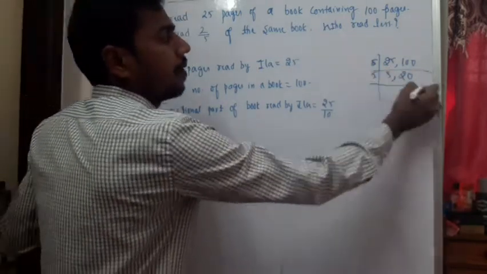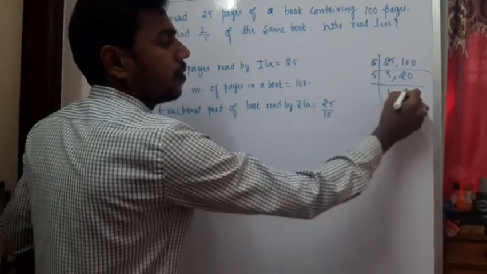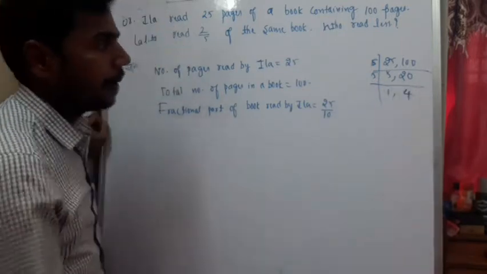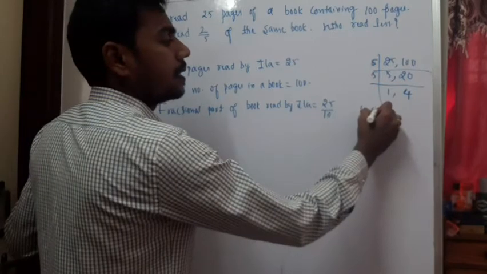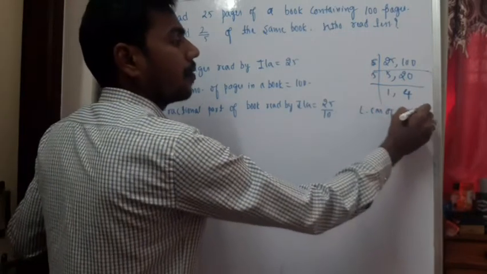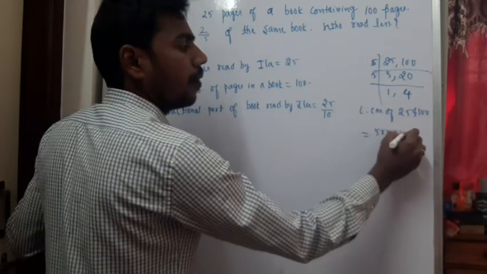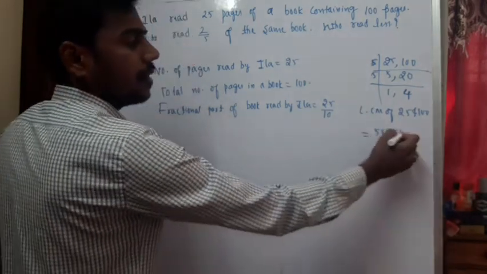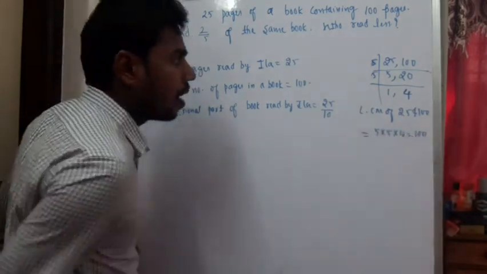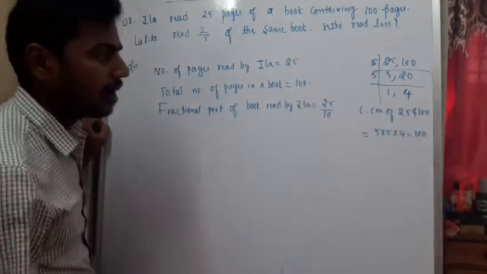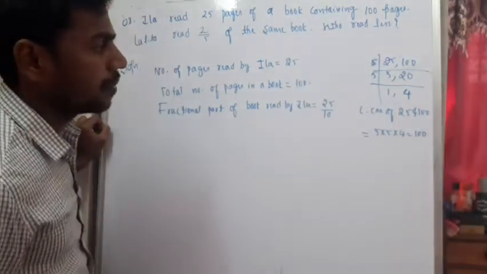Again with 5. 5 1s are 5, 5 4s are 20, and 1 and 4 are co-prime. We can stop at this point. So the LCM of 25 and 100 is equal to 5 into 5 into 4. 5 5s are 25, 25 4s are 100. Or else 25 is a factor of 100, so 100 will be the LCM. In that way also you could write.